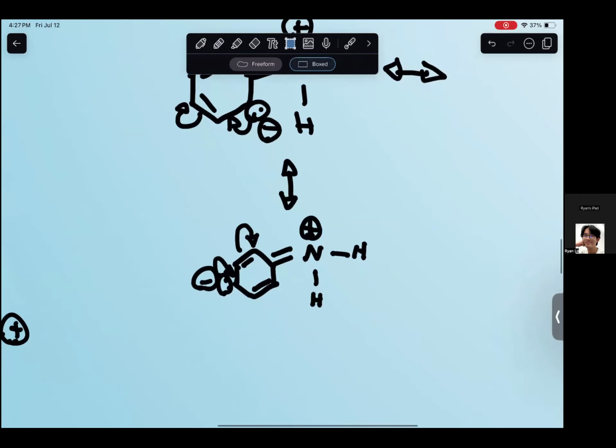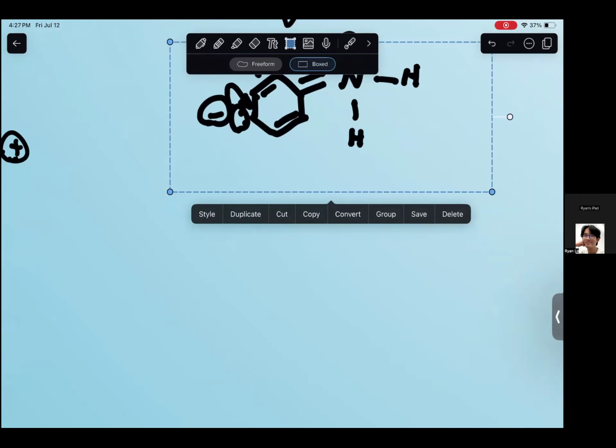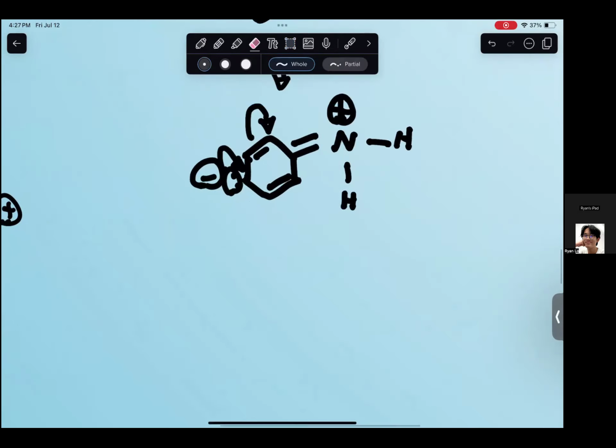I apologize, let me just make this a little bit more clear. I write small and somehow I still run out of space. Oh, golly gee. All right, cool. Let me just decrease the size of my font real quick. Cool. So this moves onto here, that moves onto there, and you end up with this major resonance structure at the end.